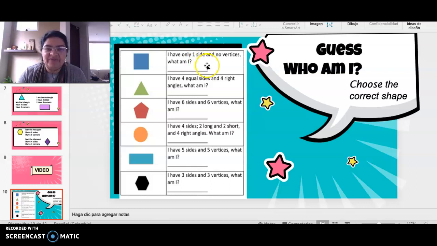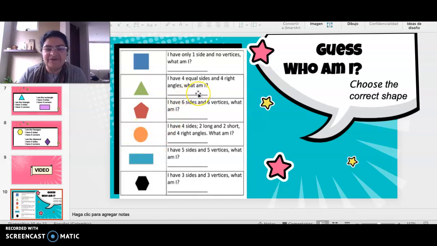I have only one side and no vertices. And the side is round and round, only one side and no vertices. What am I? Yes, very good. The circle.